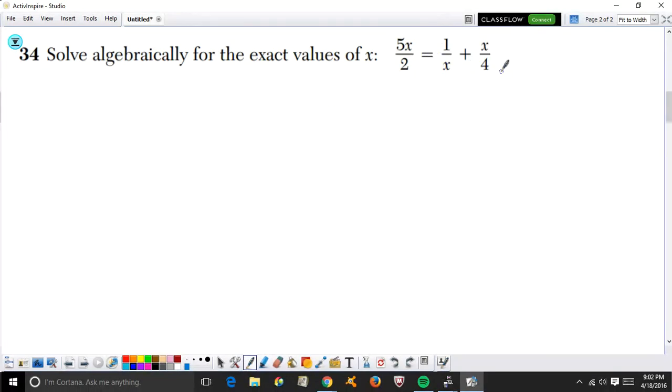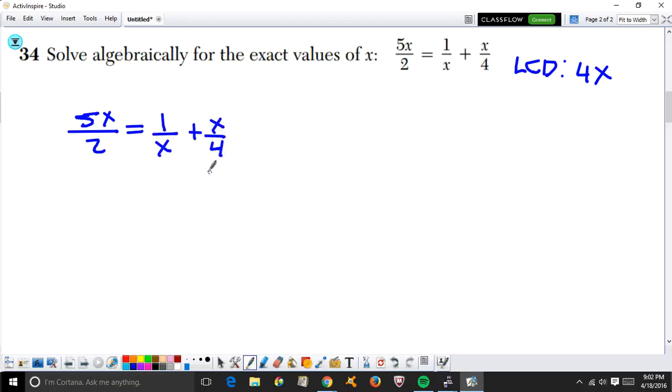When we're dealing with fractions, we want to find the lowest common denominator, which in this case is 4x. 4x can be divided by 2, by x, and by 4. So we get the original, 5x divided by 2 equals 1 over x plus x divided by 4.